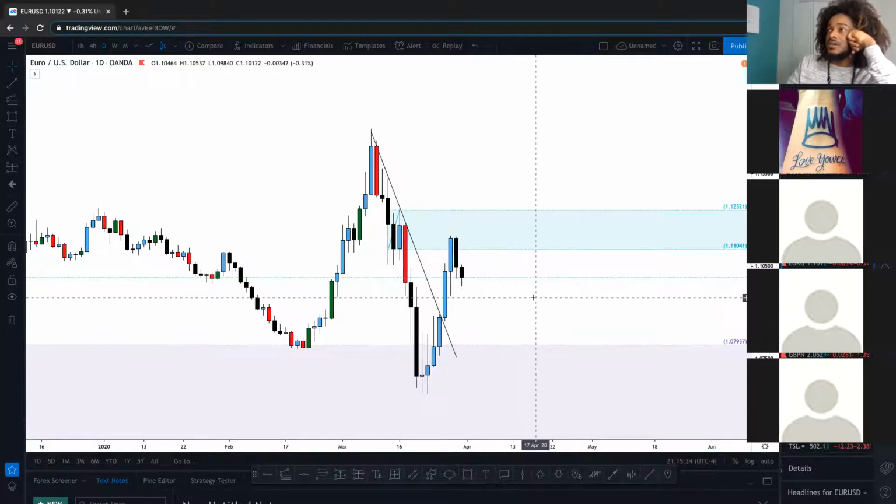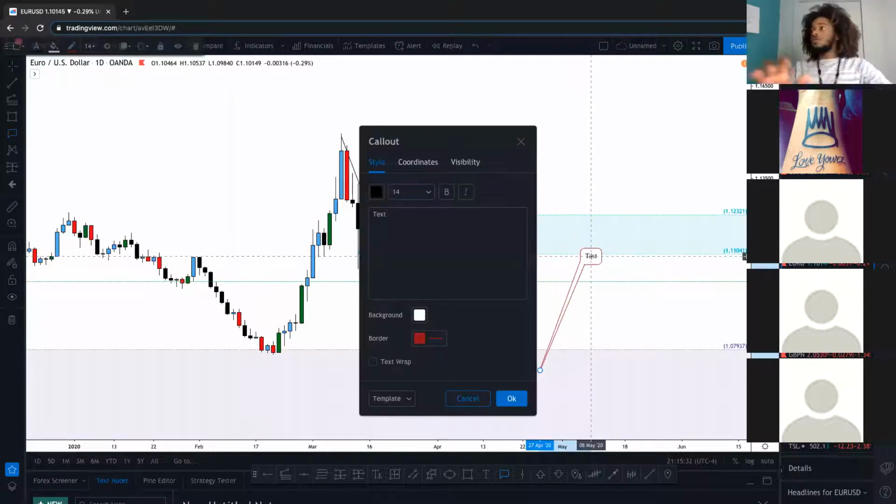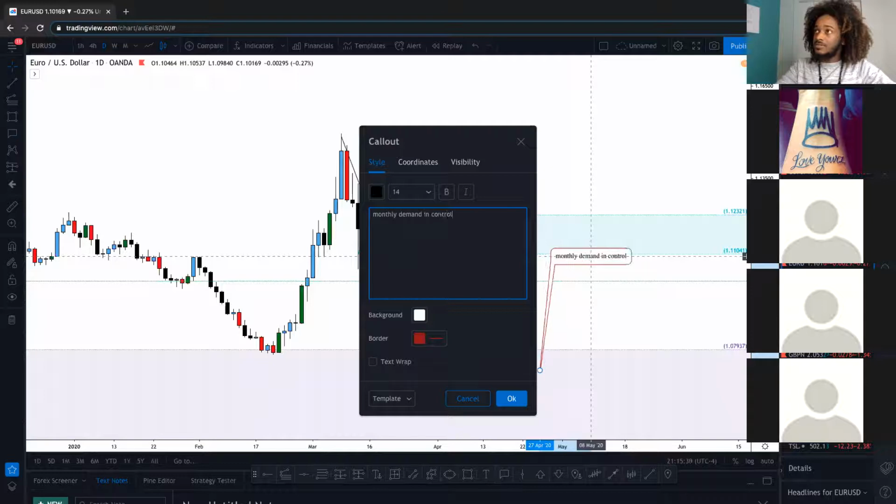But let me just write this out, because I believe this is going to help you out. Here's what we established so far. Monthly demand in control. Price is reacting, right, off daily supply.